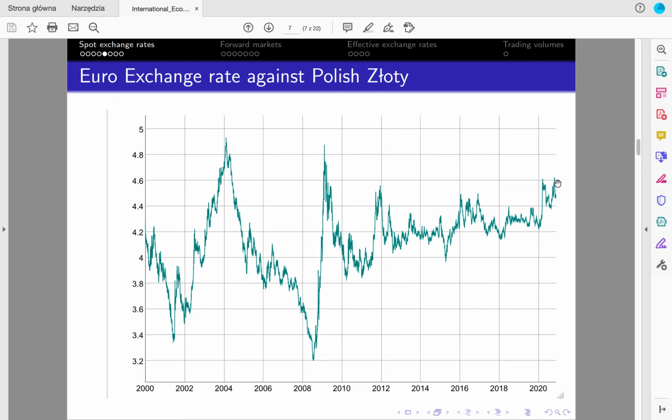But talking about great changes and volatility, we should remember one thing. Look, here, if I would calculate some average value for the entire period, I probably would get something like 4 zlotych and 10 groszy, maybe 4 zlotych 15 groszy, which, as you see over here, is still not that bad. And why am I saying that this volatility is not so great?